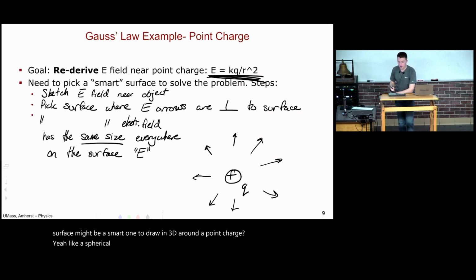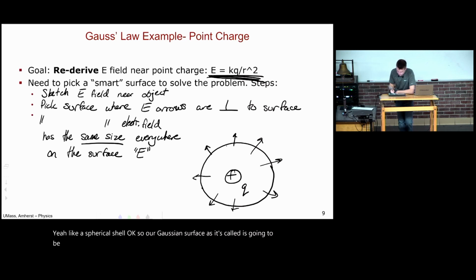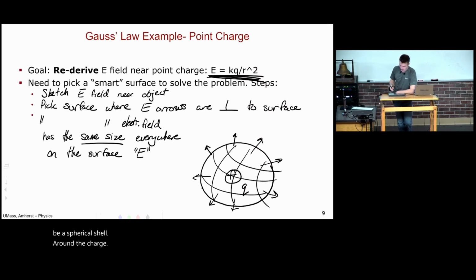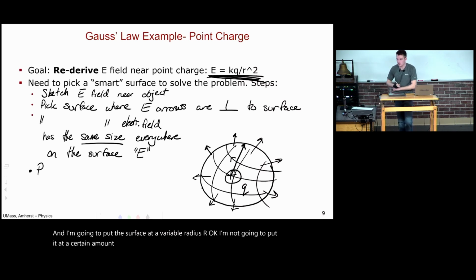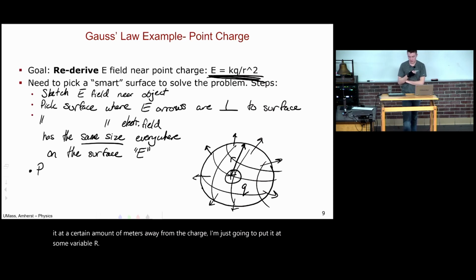OK, so our Gaussian surface, as it's called, is going to be a spherical shell around the charge. I'm going to put the surface at a variable radius r. I'm not going to put it at a certain number of meters away from the charge. I'm just going to put it at some variable r distance away.